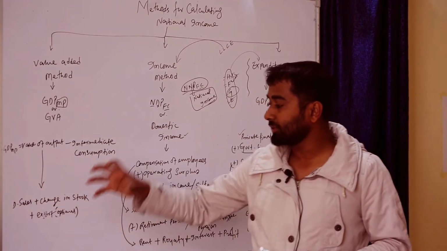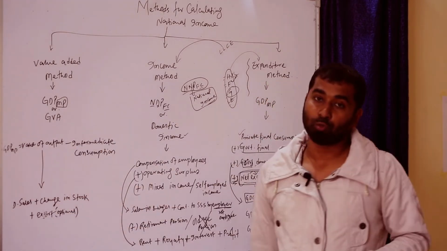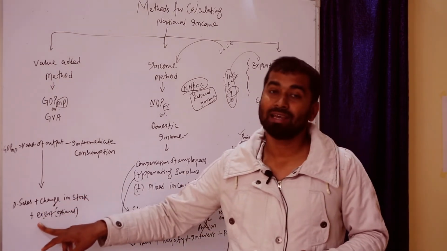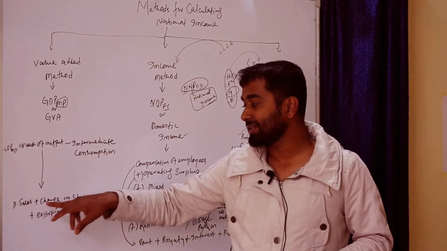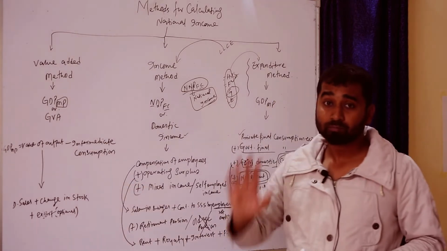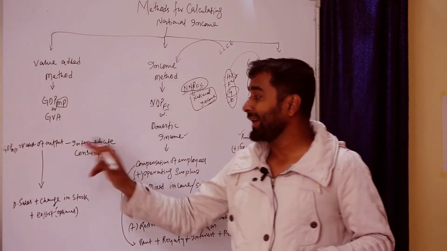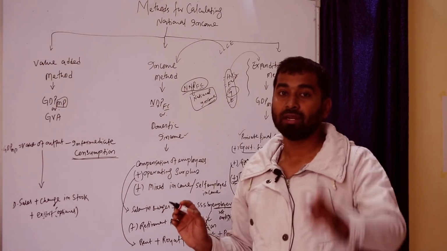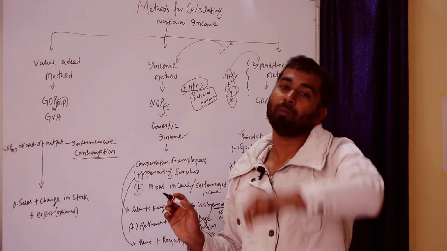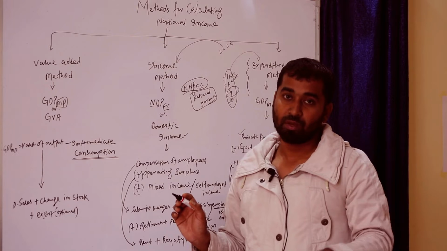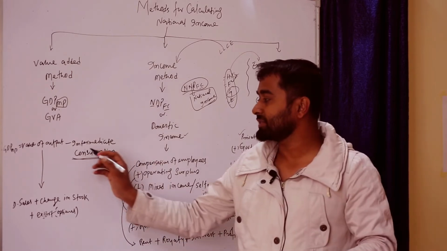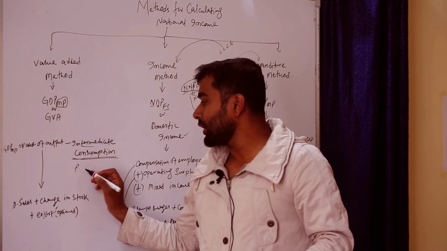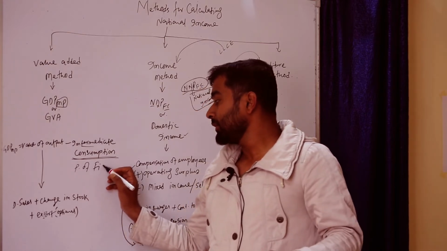So if you add these three things, it becomes value of output. So value of output equals domestic sales plus change in stock plus export, otherwise total sales plus change in stock. Then value of output minus intermediate consumption. Remember that where intermediate consumption is given, purchase of all raw materials and intermediate goods comes under intermediate consumption, but not the purchase of fixed assets.